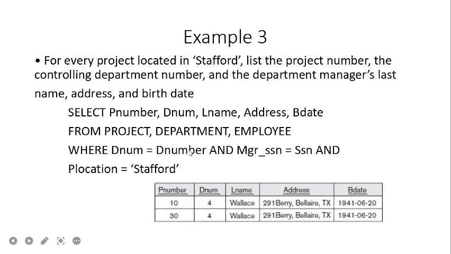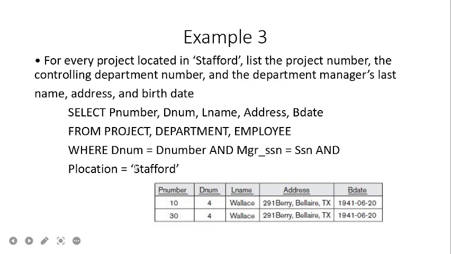This is project and department, and this is department and employee. And P location equal to Stafford is actually a condition for the project relation. So we have 2 join conditions, D num equal to D number and manager SSN equal to SSN. This is not a join condition, this is just a condition only.